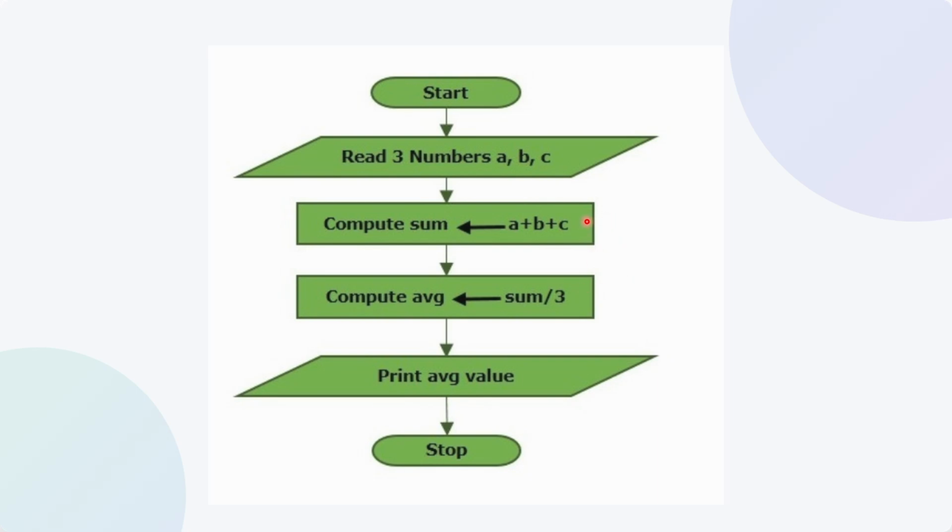First is compute sum, where A plus B plus C is evaluated in a rectangle, and average is also evaluated in a rectangle, where sum is divided by 3. Next, the output is printed in a parallelogram, and at the last a stop. Stop is also denoted by an oval shape, as start and stop both use oval shapes.